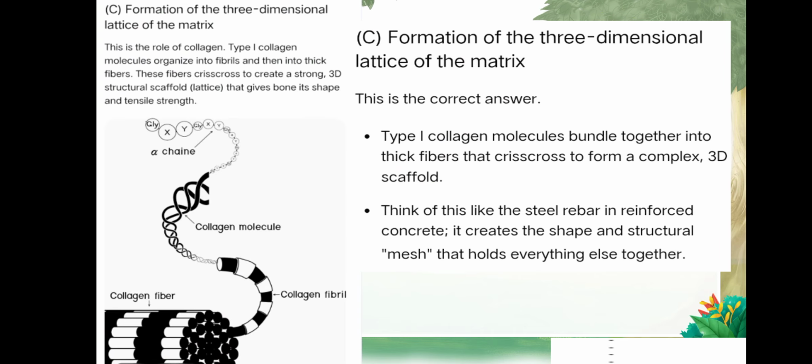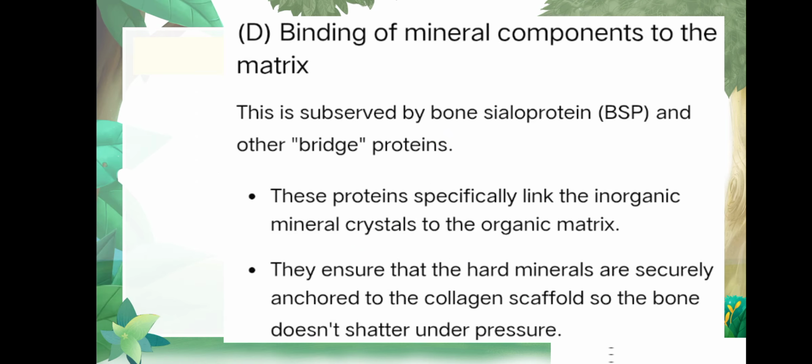Here you can see the collagen fiber making a triple helix, and the triple helix is known as tropocollagen. You must remember from the previous question, procollagen forms into tropocollagen, and tropocollagen forms into collagen fibrils. So this is the correct answer.